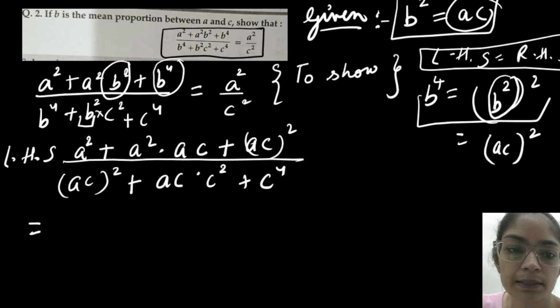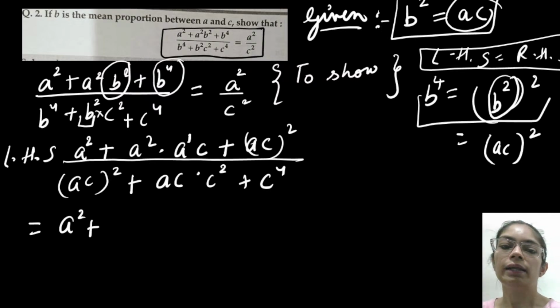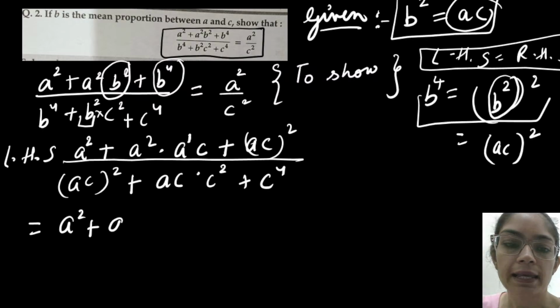Now let's simplify this. So this is a square plus, see, a means a to the power 1. a square into a to the power 1 is a cube.